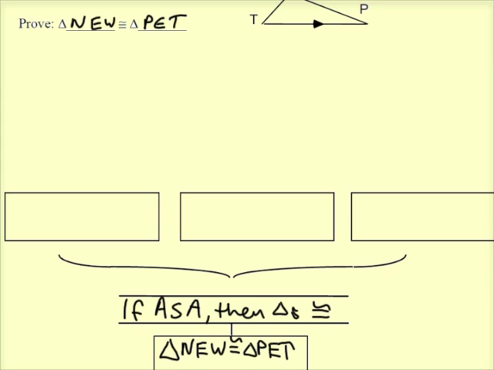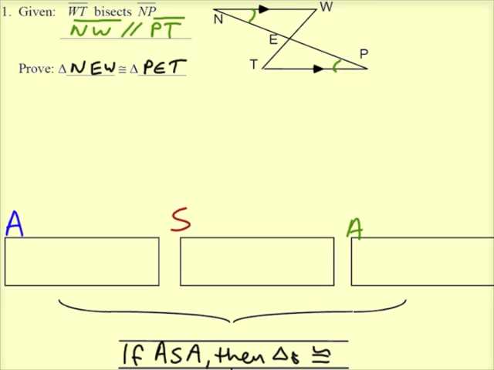So we need to talk about which pair of angles, which pair of sides, and which pair of angles are congruent in order to prove that the triangles are congruent. Well, we've established that angle N is congruent to angle P. And the reason why is we had those parallel lines, NW and PT.